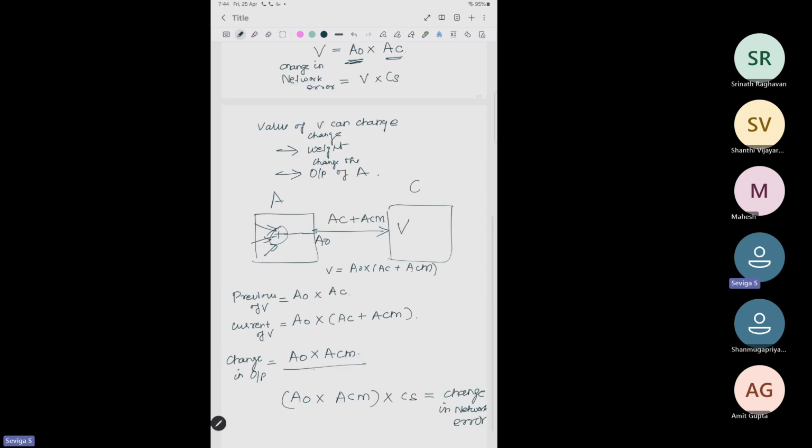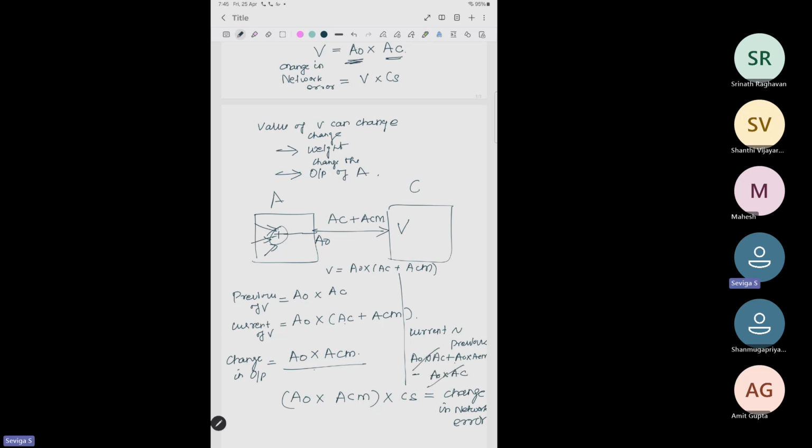So what is the difference between these two? Yes, ma'am. The current value minus the previous value. The current value is A naught into AC plus A naught into ACM. The previous value is A naught into AC.